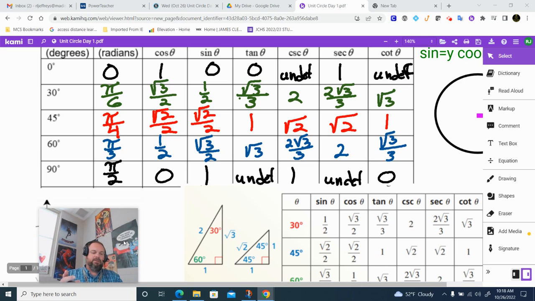You're looking at it from another angle, should be that. All right. So moving on.